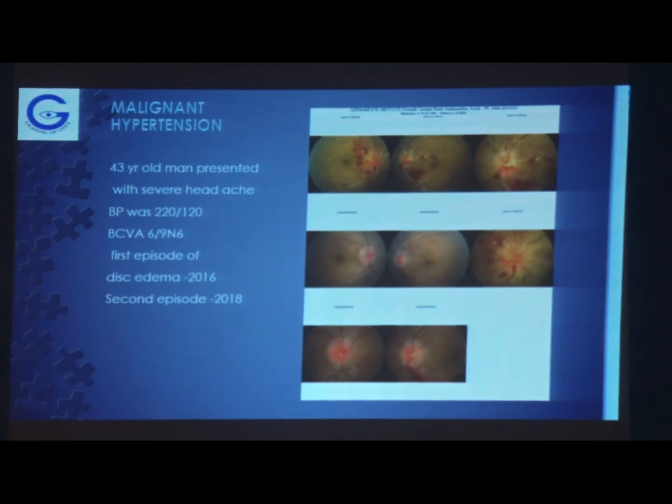BP was 220/120, and best corrected visual acuity was 6/6, N6 in both eyes. He had recurrent disc edema. And first episode was in 2016, and second episode was in 2018. And he was diagnosed to have bilateral disc edema due to malignant hypertension.